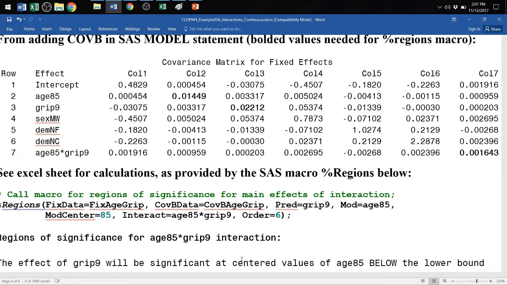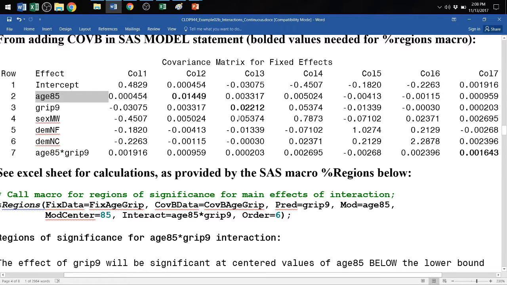The standard errors of those fixed effects also fall out. On the diagonal of this matrix is the standard error squared, so the variance of the fixed intercept, the variance around the fixed effect of age, and so forth.